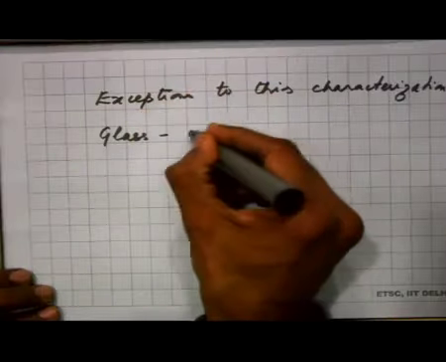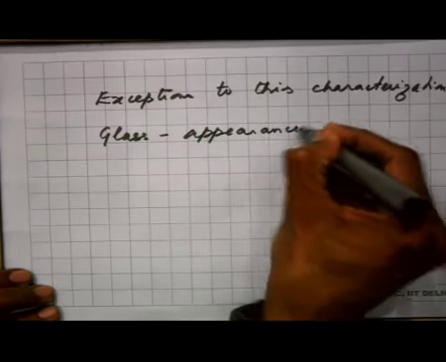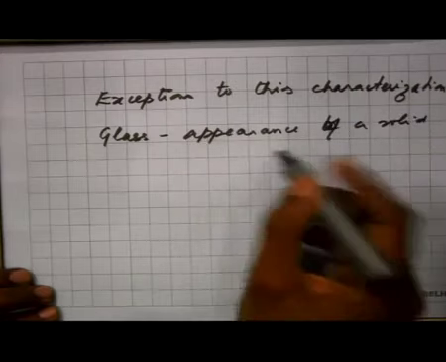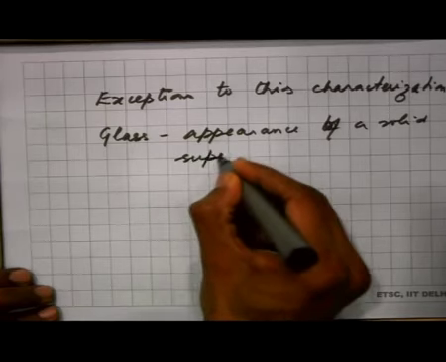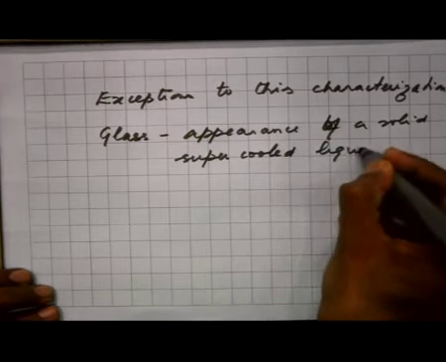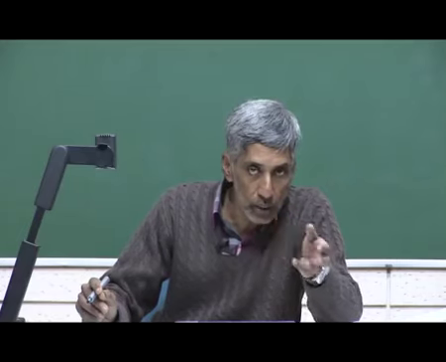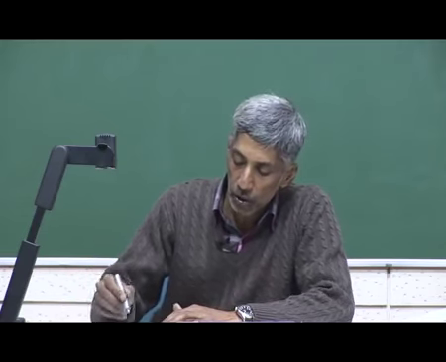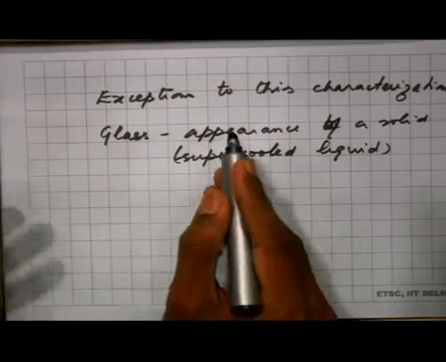In appearance, glass appears to be a solid, but in reality it is actually a supercooled liquid. What a supercooled liquid is not something that we will worry about right now, but the reality is that glass, although it looks to us like a solid, is really not a solid. So, there is this problem of definition or characterization into solid, liquids and gas based on what we see.